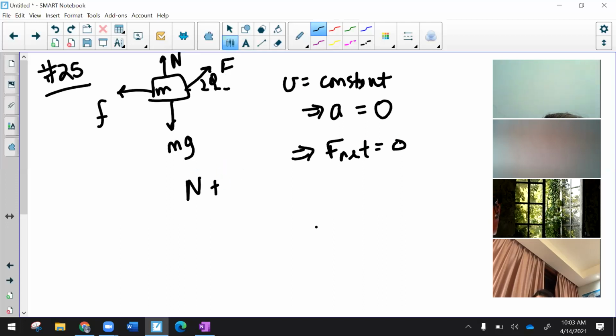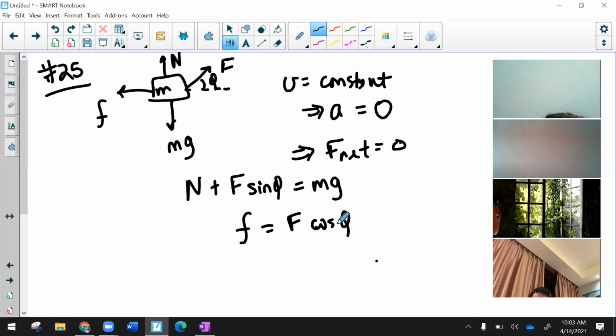So that means N plus F sine phi has to be equal to mg. And that means that F friction is equal to applied F times cosine phi. So F cosine phi is not an answer.